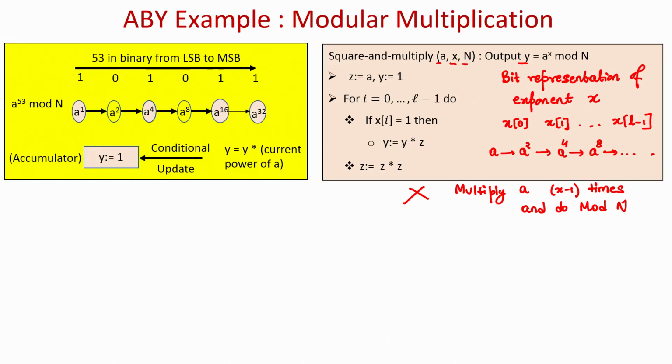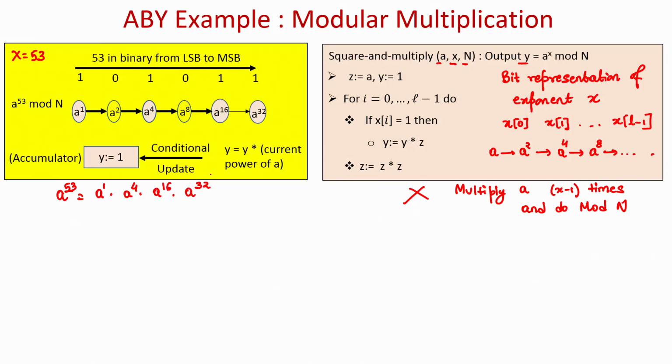To demonstrate it, suppose we want to compute a to the power 53 modulo n, then 53 is my exponent whose bit representation from LSB to MSB is this, and a to the power 53 can be written as a to the power 1 multiplied with a power 4 multiplied with a power 16 multiplied with a power 32.